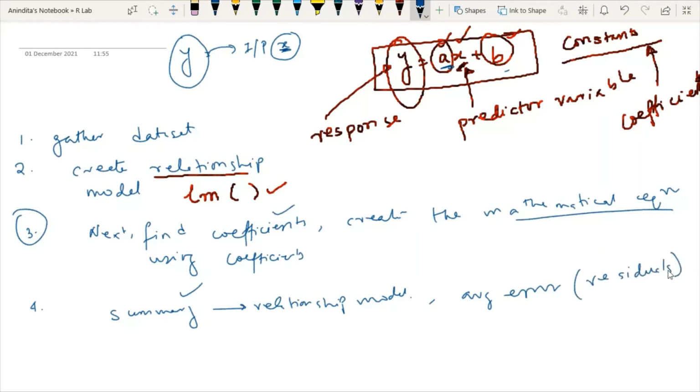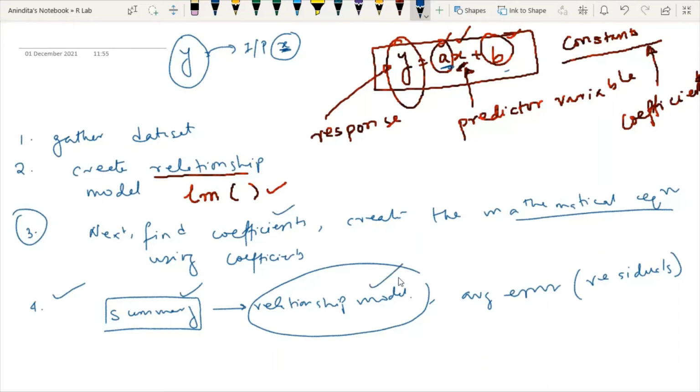At the fourth step, whatever model we are using, a linear regression model or multivariate regression model, anything, we have to find the summary of the model. This summary will tell us the average error this model is getting.